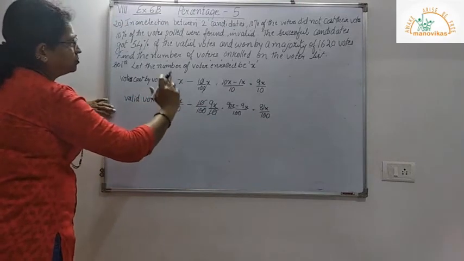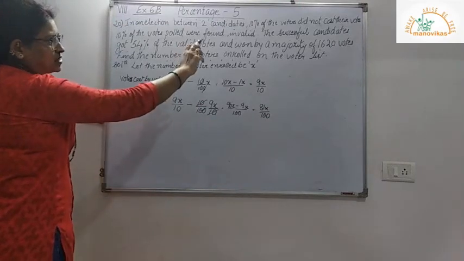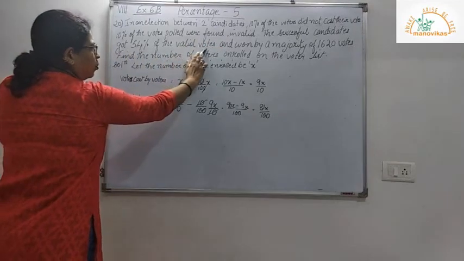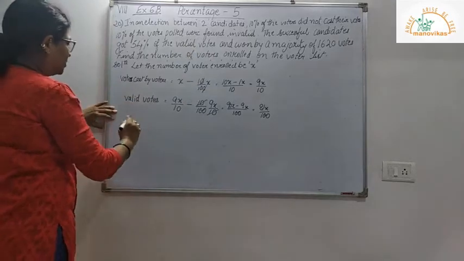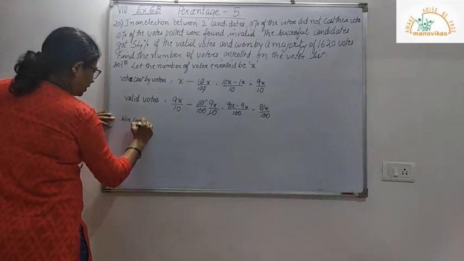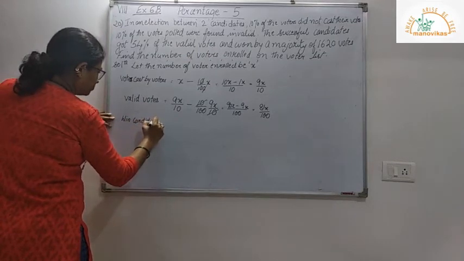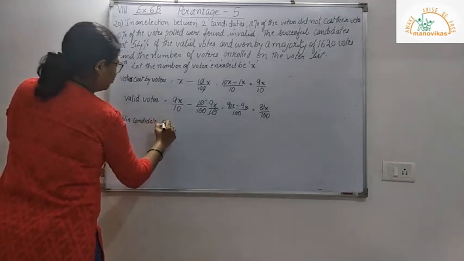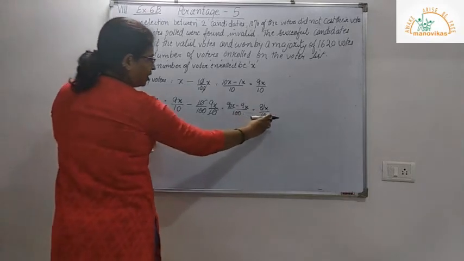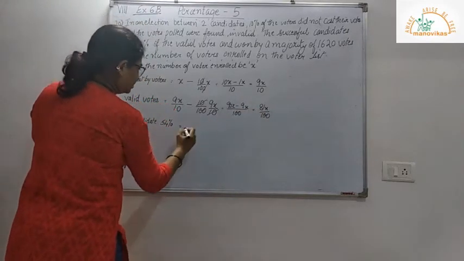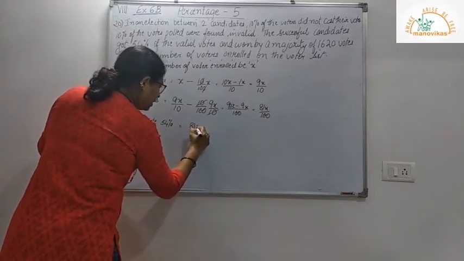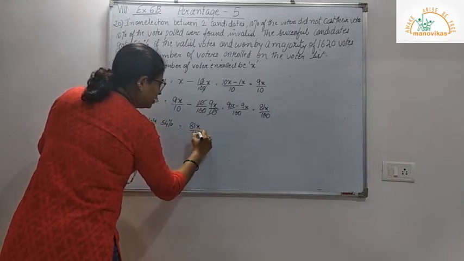So now they have said that the successful candidate got 54% of the valid votes. Okay, so the winning candidate got 54% of the valid votes. So now my valid votes are here, that is 54% of 81x upon 100.